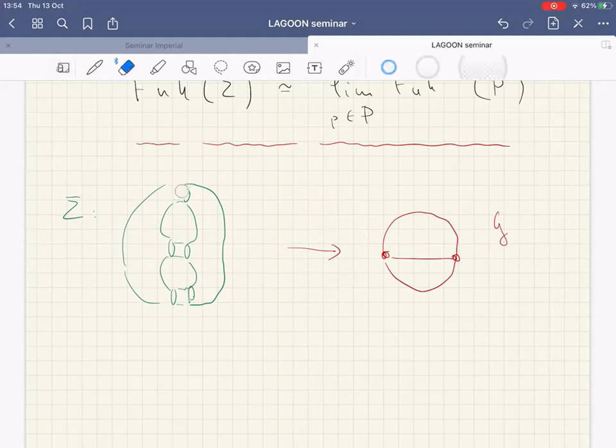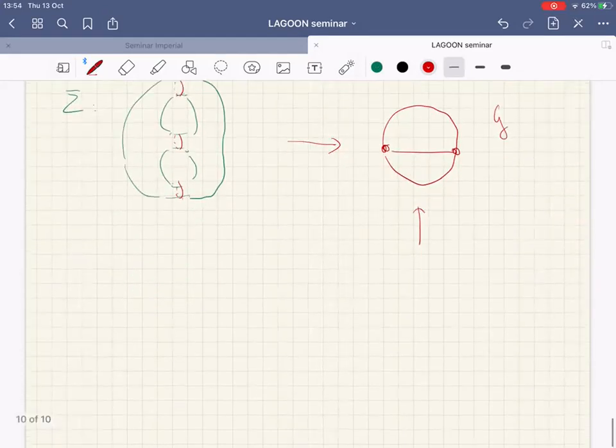So let me slightly correct this picture. What we can do is take an infinite cover of this G, what we call the maximal abelian cover, which is something that looks like this.